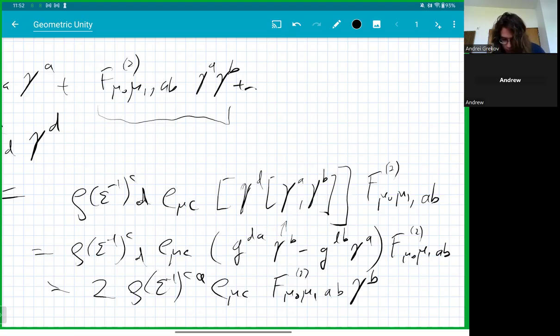Okay. So that's the answer, and now we need to apply Hodge star again.